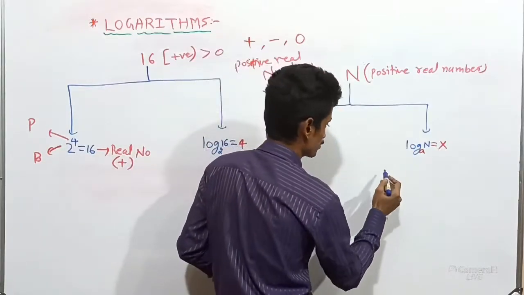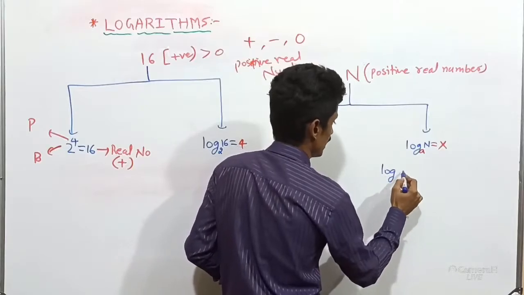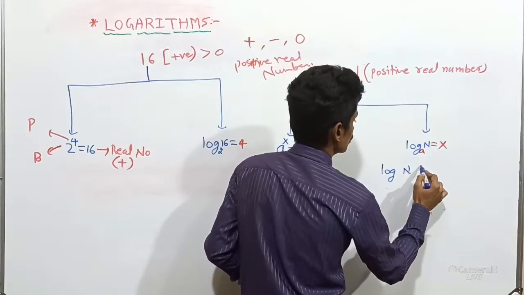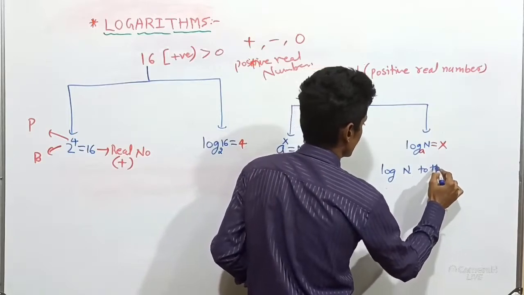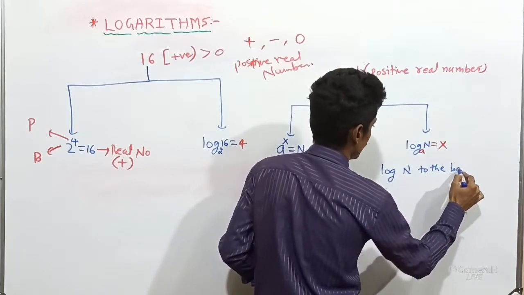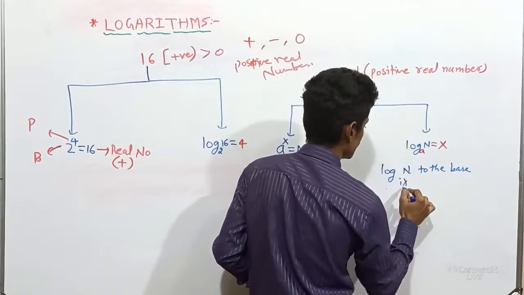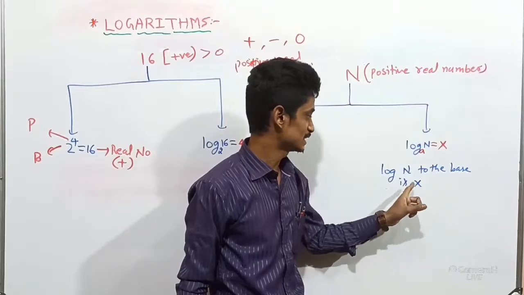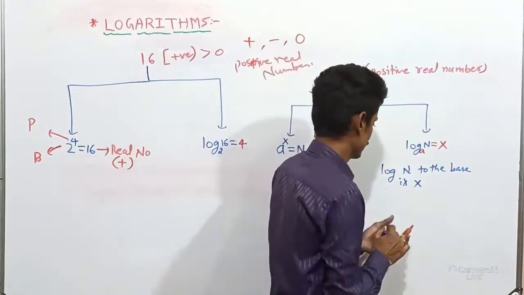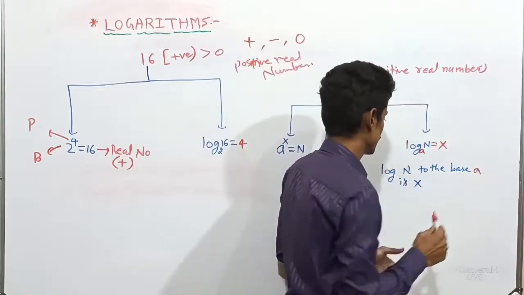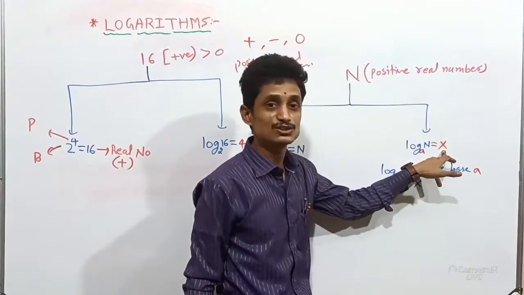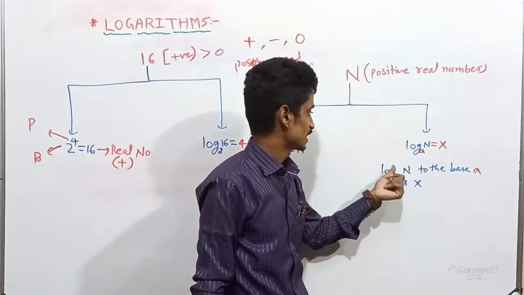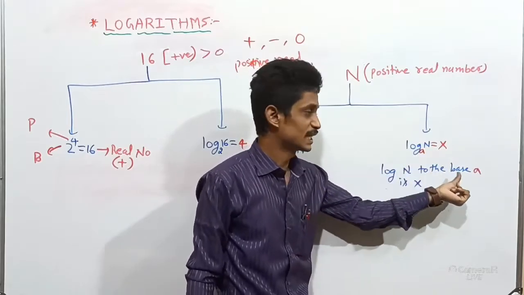Read it as log n to the base a is x, or x is the log of n to the base a.